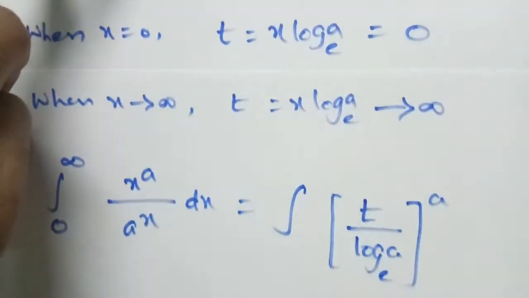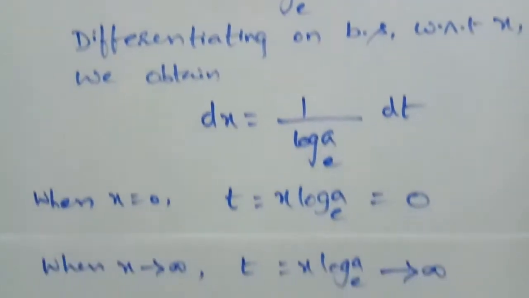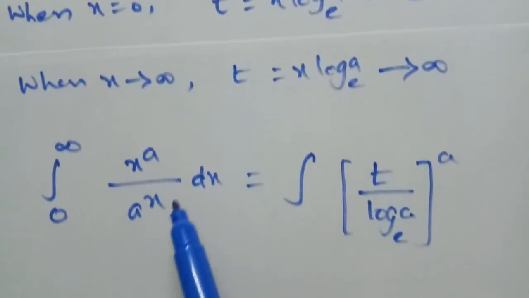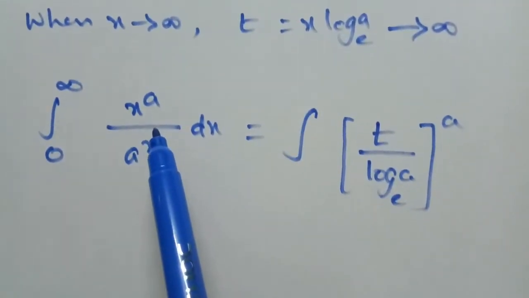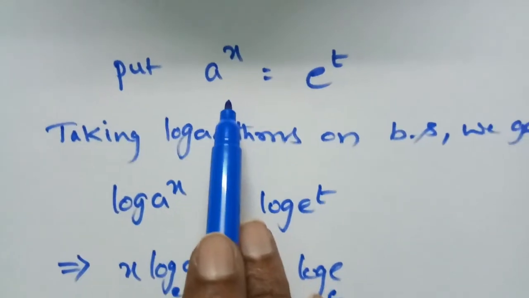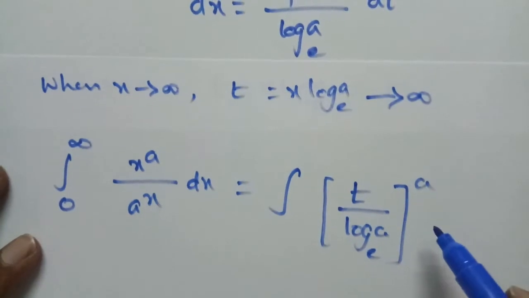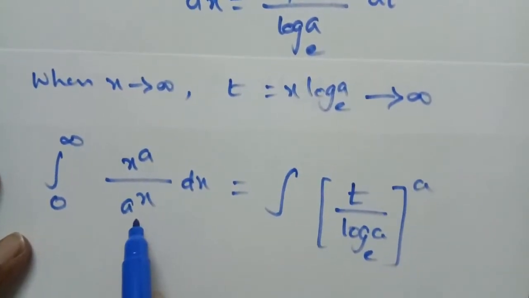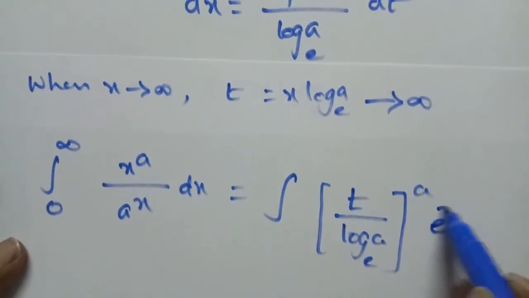Since a power x we assumed is e to the power of t, 1 by a power x can be written as e power minus t.